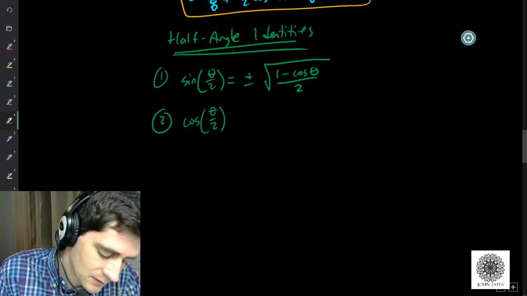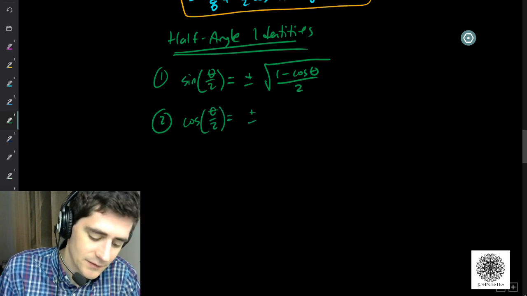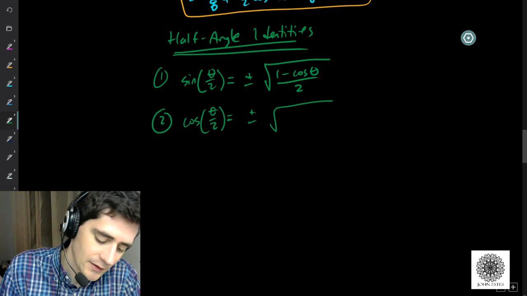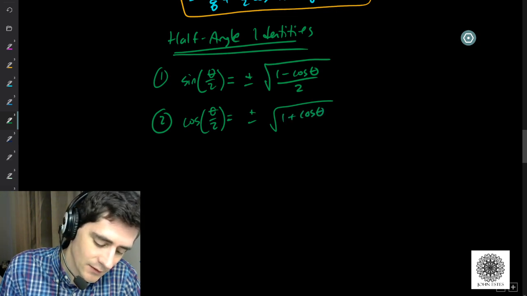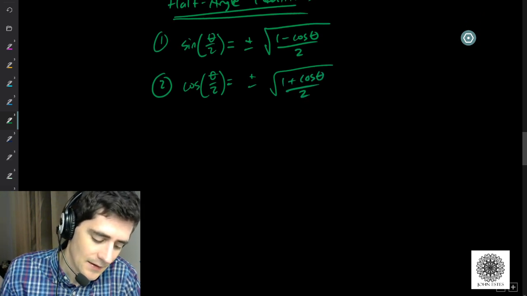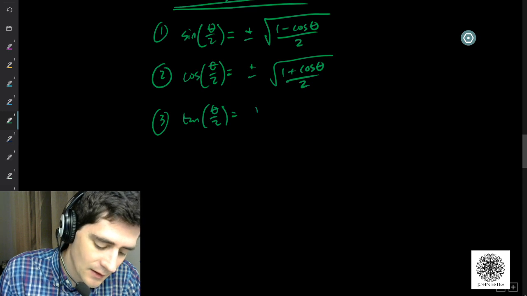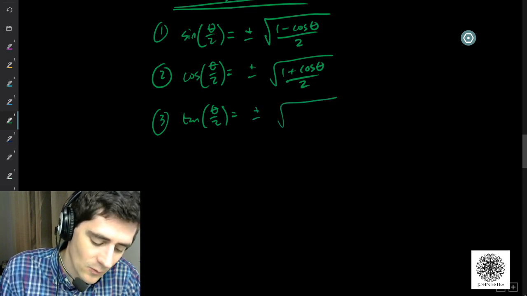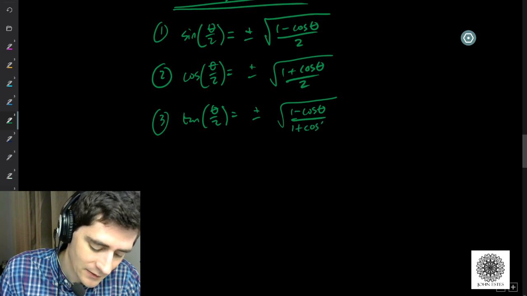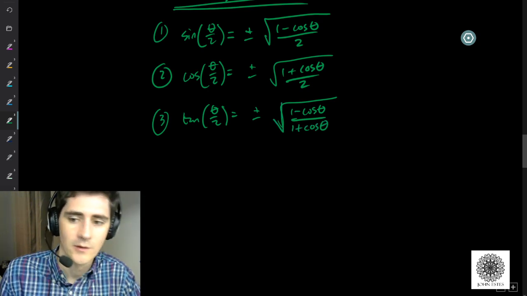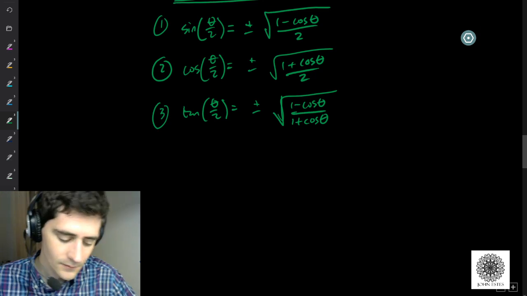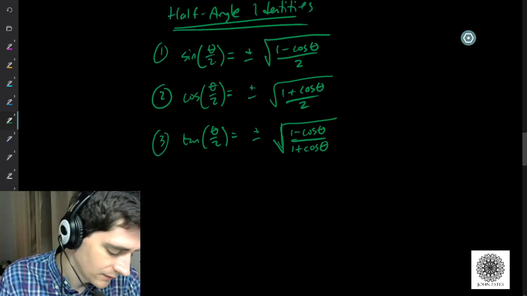Cosine of theta over 2 equals plus or minus the square root of 1 plus cosine theta over 2. And then tangent, again, we are allowed to apply the quotient identities. So I get plus or minus 1 minus cosine theta over 1 plus cosine theta, all under the square root, like that. Okay, so these are my half angle identities.